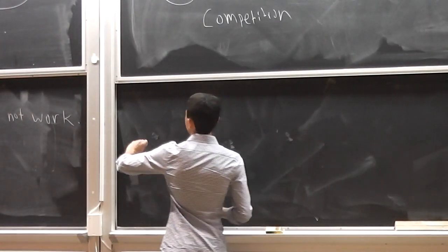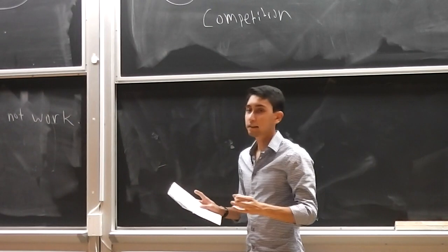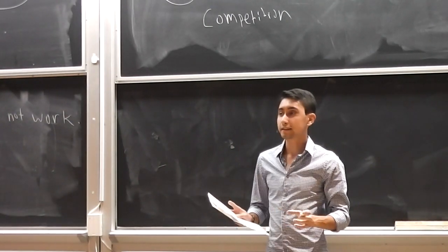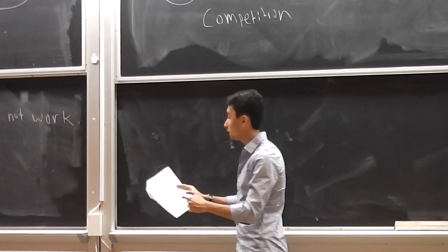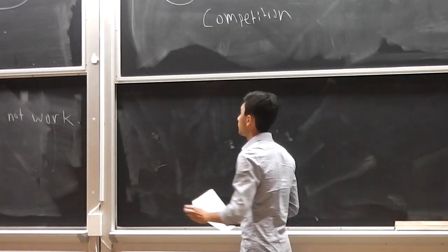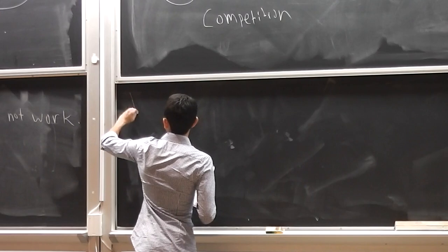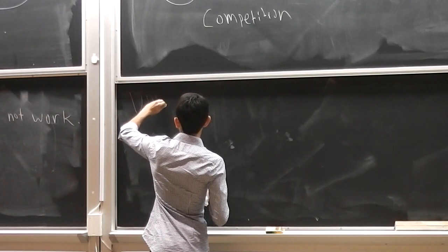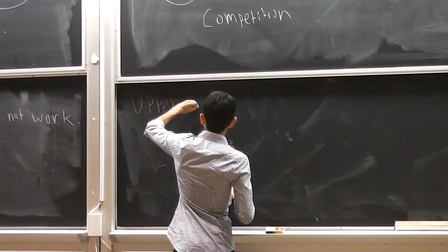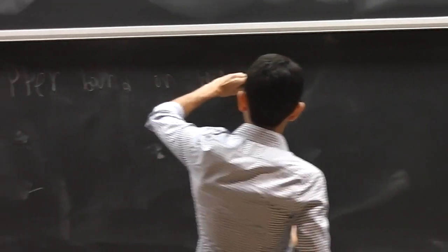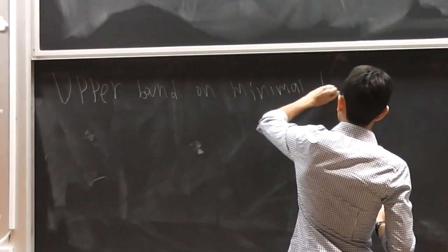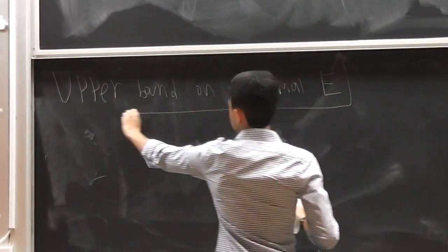So what we want to do is, if we pick any sufficiently nice test set, we have an upper bound on the energy, right? So we just picked a ball and we just picked two balls. So what if we do something else? This section of the paper is called upper bound on the minimum energy. Say we have a set that does minimize the energy.